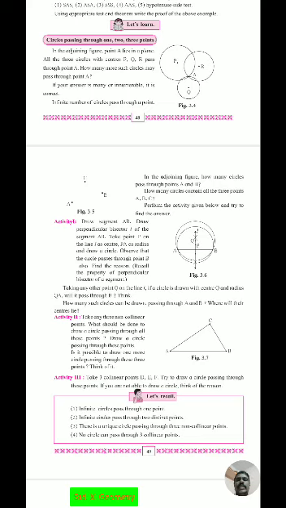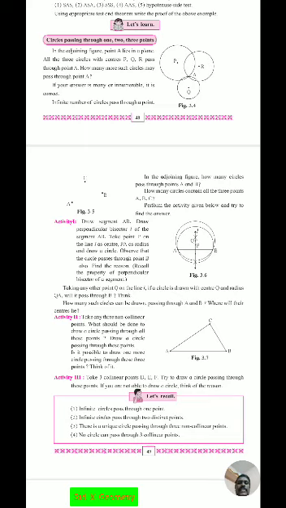All three circles with centers P, Q, R pass through point A. How many more such circles may pass through point A? Then we know that from a single point, an infinite number of circles can pass.